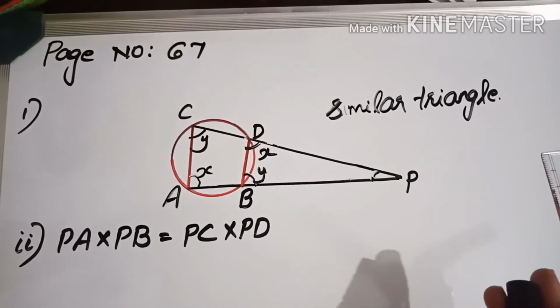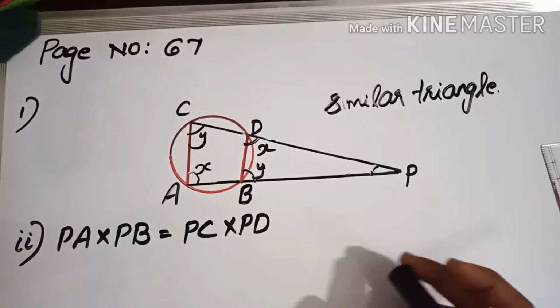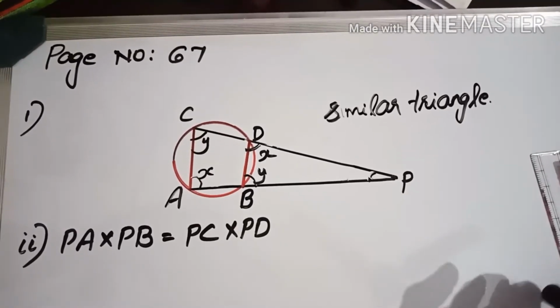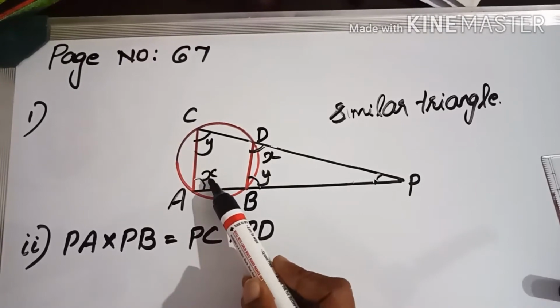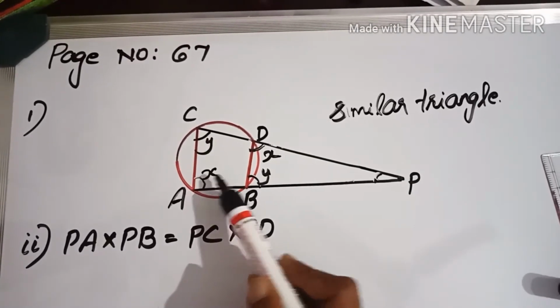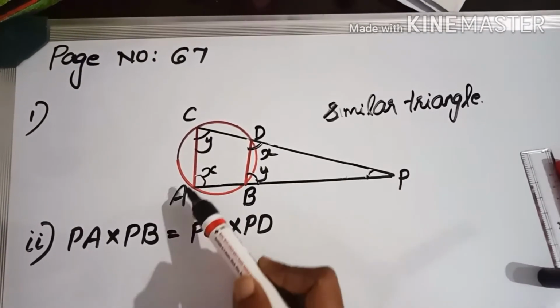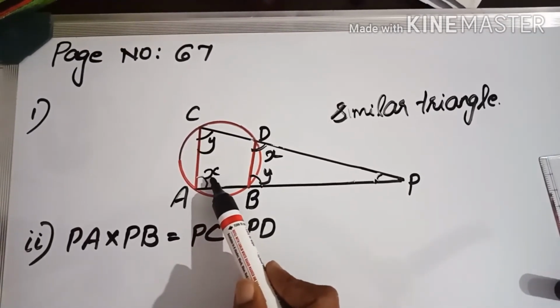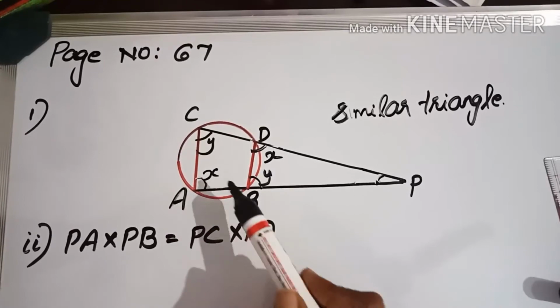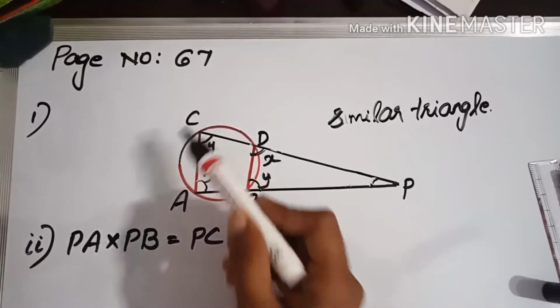So let's consider the first triangle first. Triangle PAC. Consider the angle x. Its opposite side is PC.